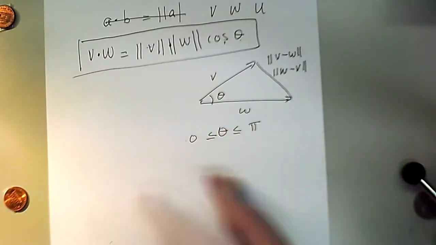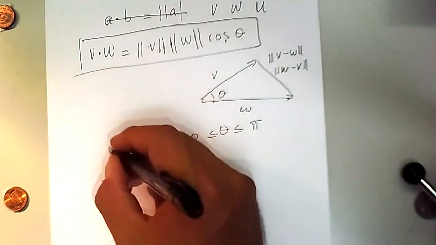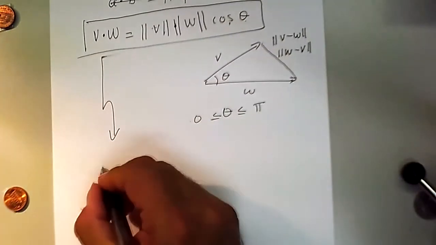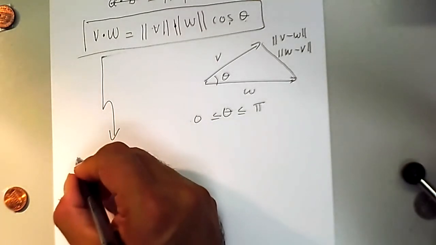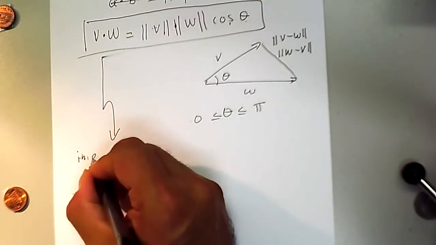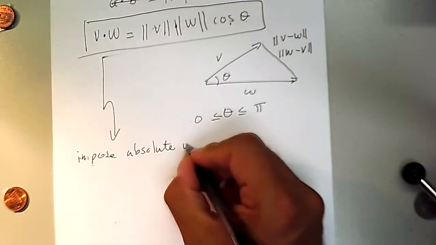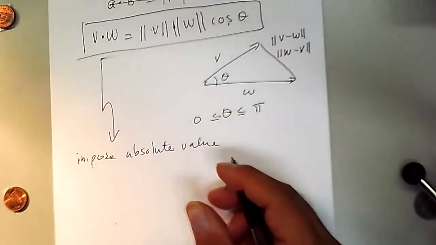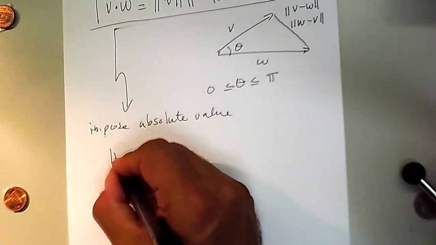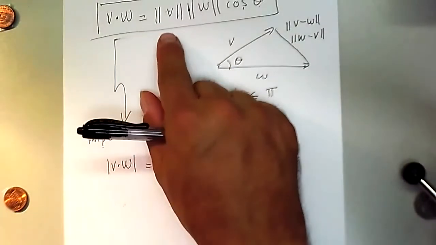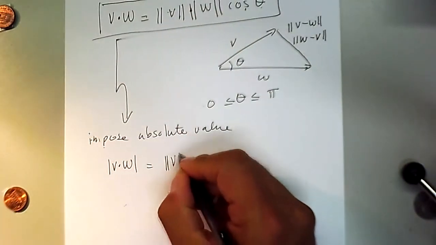If we impose absolute value on this, then V dotted with W will be, well, this is always positive anyway, so there's no need to do anything with that.